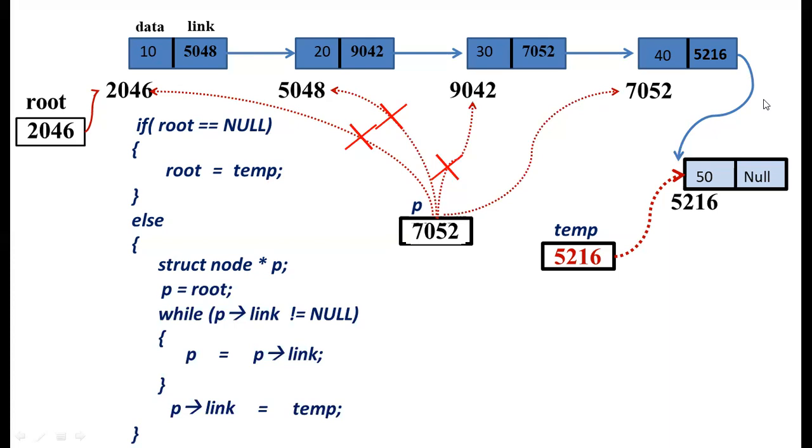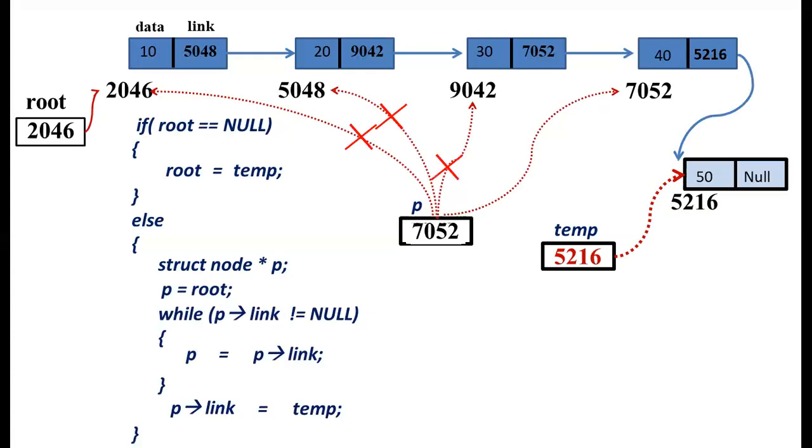The temp variable, which is a newly created node, we are assigning to the P link. So the P link value became 5216, which will be stored here, and it will be pointing here.